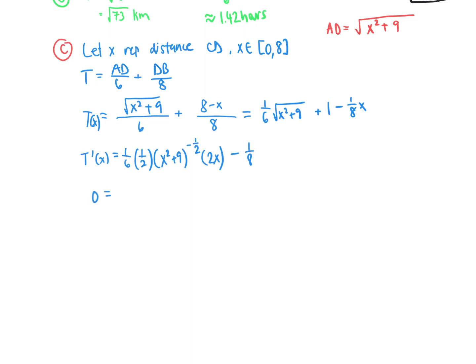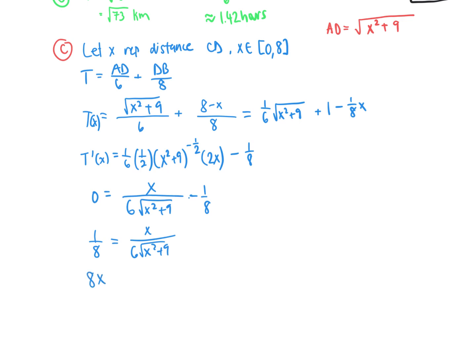So when I clean this up, I am going to take this part with the negative exponent and bring it down. Now 1/2 times 2x is just going to be x, and then the 6 is down in the denominator, minus 1 over 8. Now I'll bring that 1 over 8 over to the other side, and then I'm going to cross multiply.